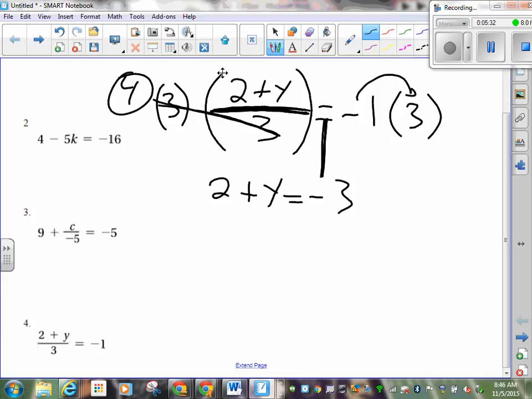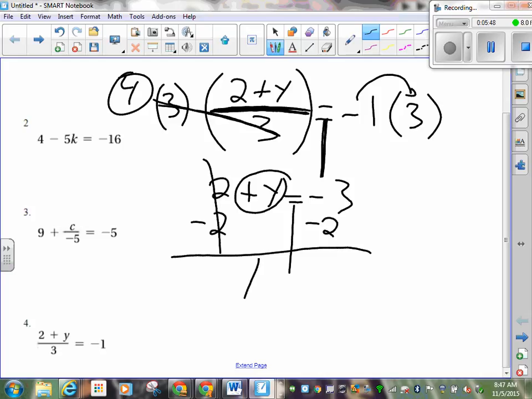We did this last week. This is the one-step equation. Just like we did before. Circle, wall. I do what's next to the circle. There's a 2, so I have to do the opposite to move it. Minus 2 to both sides. That cancels. And I get y equals negative 3 minus 2 is negative 5.